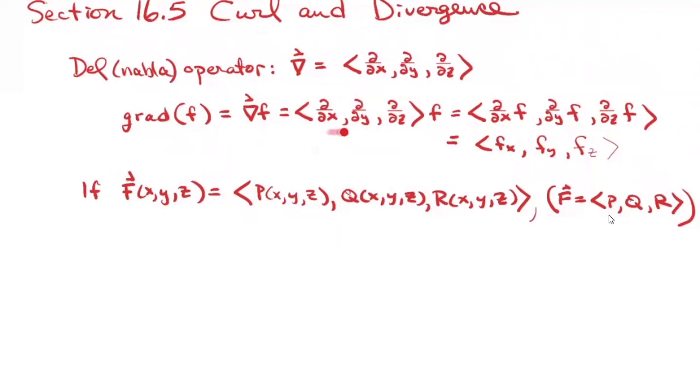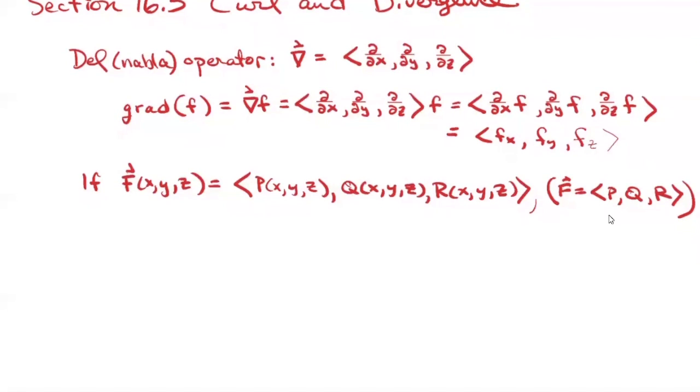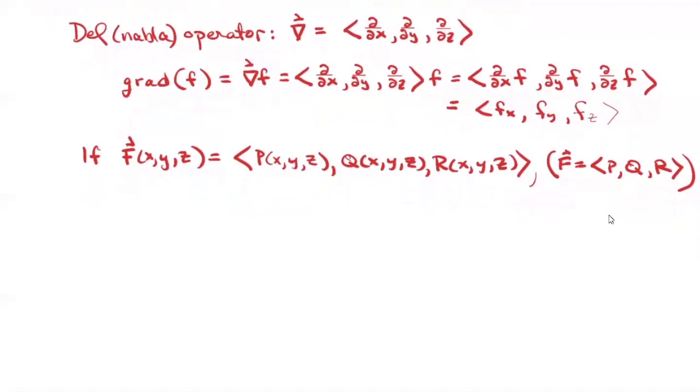You apply the del operator to f, and you're just applying partial derivatives to f, all of the partials. So remember, the gradient is also referred to as the total derivative sometimes, because it just has all the partial derivatives bundled together. And then the del operator can also be applied to vector fields.